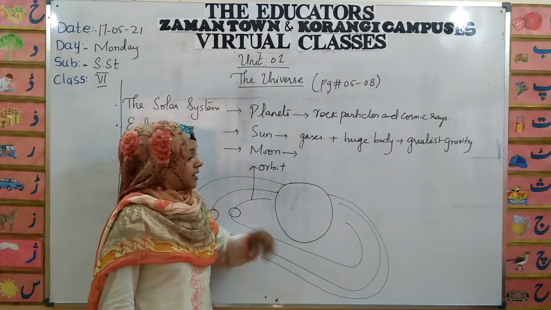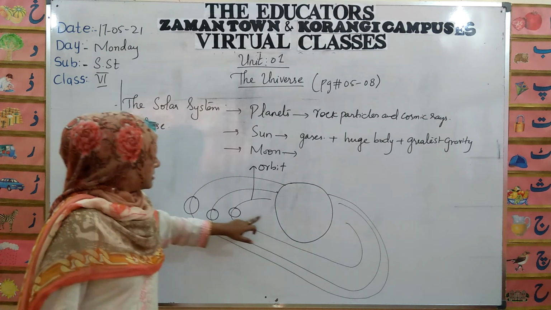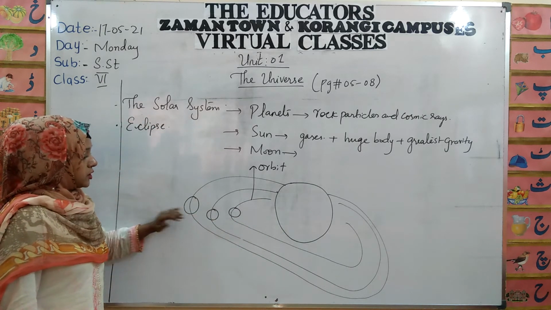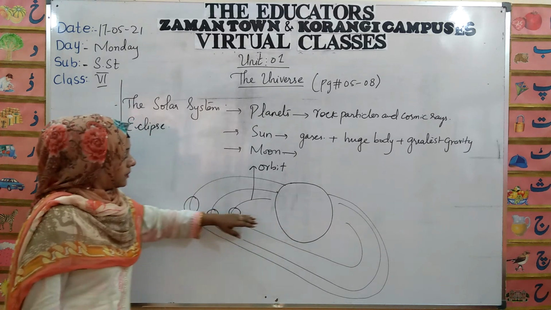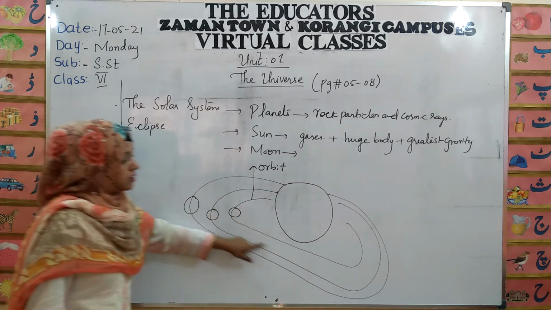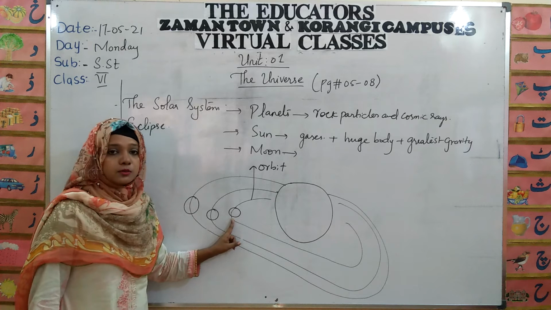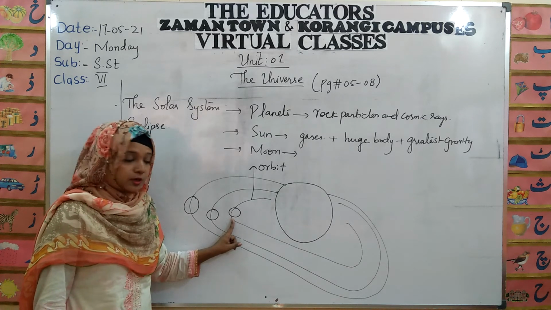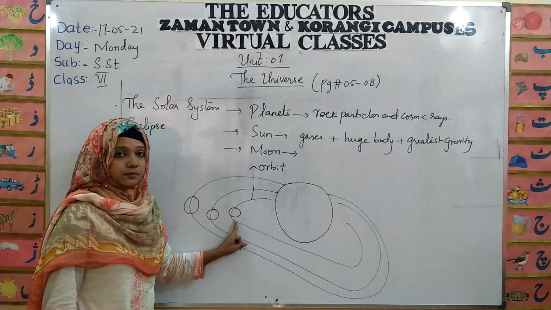Right? Another interesting fact related to the planets is that each planet occupies a particular distance from the Sun. So the planet which is nearest to the Sun has the shortest orbit, and it is the hottest one. It has the greatest temperature just because of its closeness to the Sun.